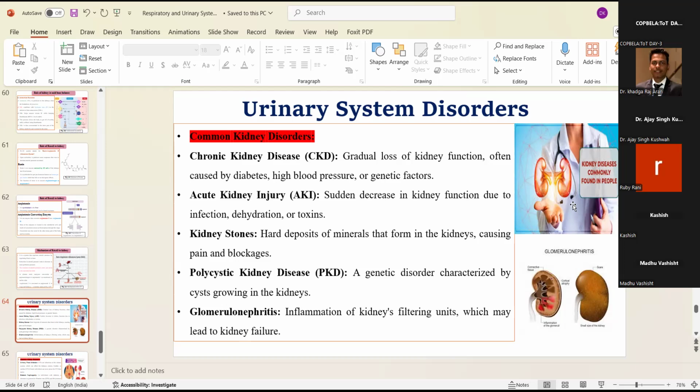Next, a disorder of the kidney is kidney stones. That means there is a deposition of hard materials or minerals that leads to pain or blockage of the urethra in the kidney. Next is PKD, that is polycystic kidney disease. It is a genetic disorder that is characterized by formation or growth of cysts in the kidney.